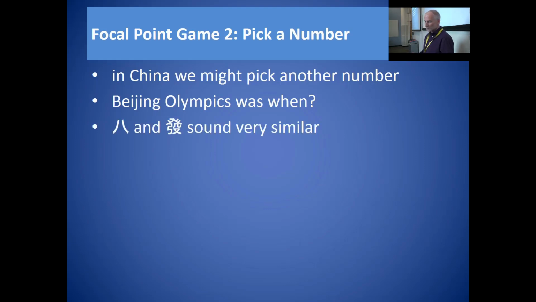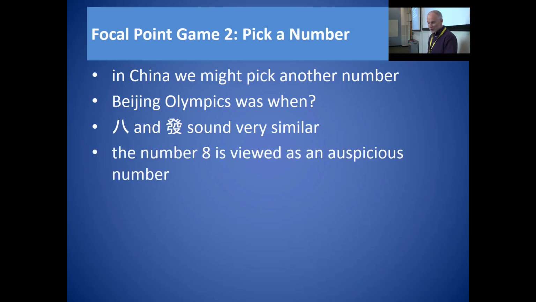And why is that? Because in Chinese, you've got ba and fa. They sound very, very alike. Ba, as in number 8, and fa associated with good luck, prosperity. And so, because of that, 8 is viewed as a very auspicious number in China. So if you travel from London Heathrow to Chengdu, you travel on BA flight 88.